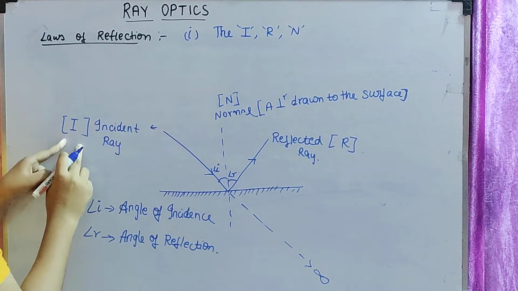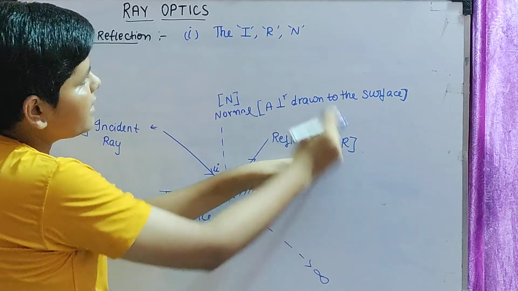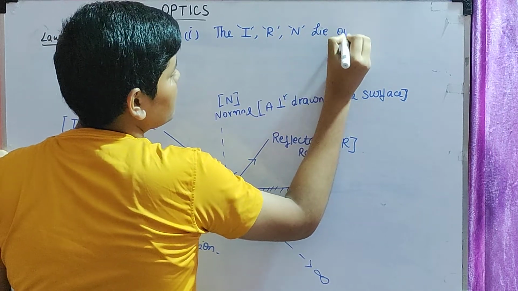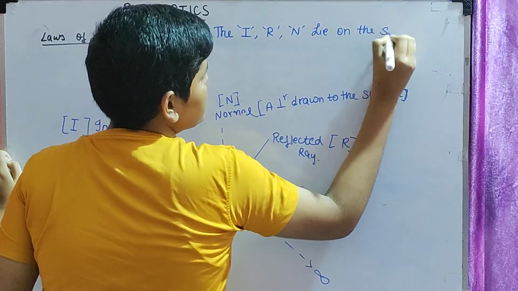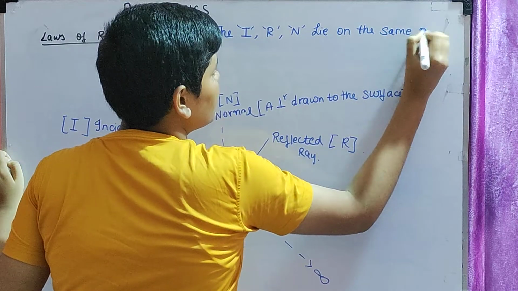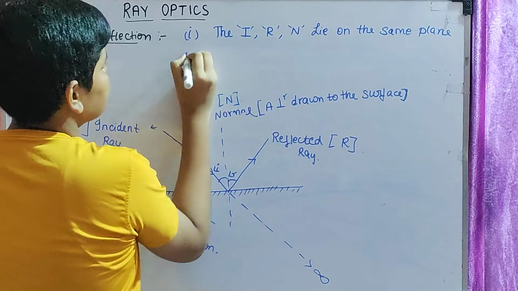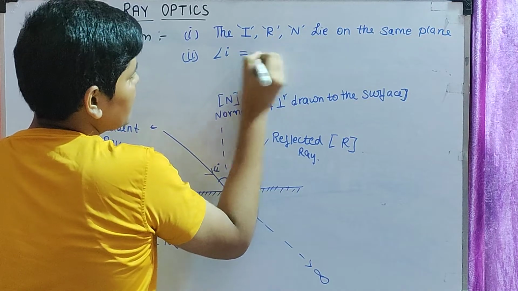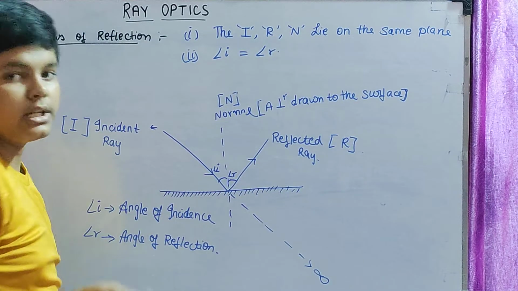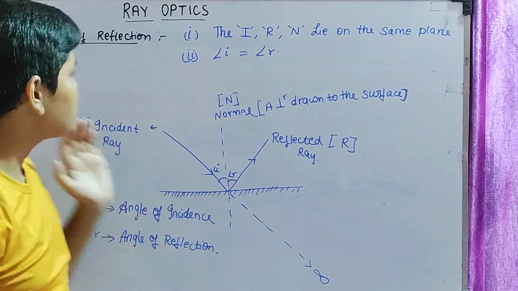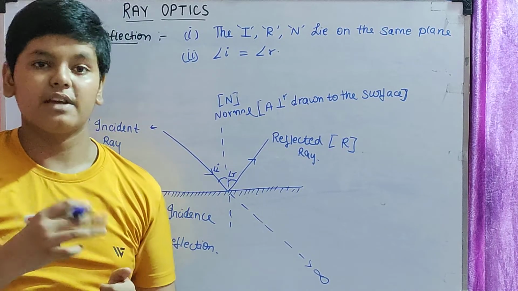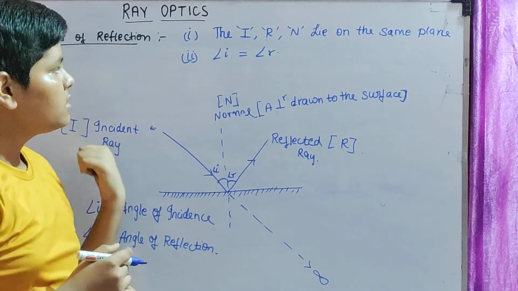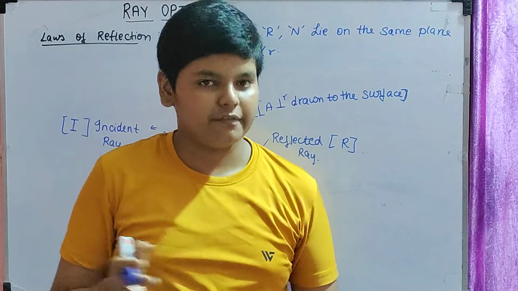Here I means the incident ray, R means the reflected ray and N means the normal. The second is that the angle of incidence is equal to the angle of reflection. These two are the most important laws of reflection which we have to remember throughout the journey of ray optics. So these are the two laws of reflection.